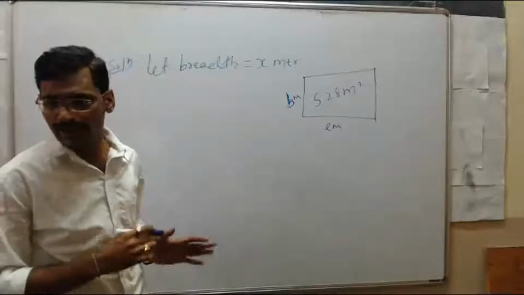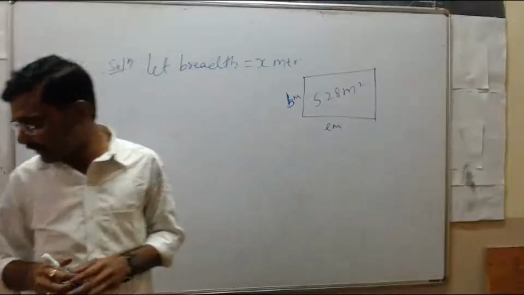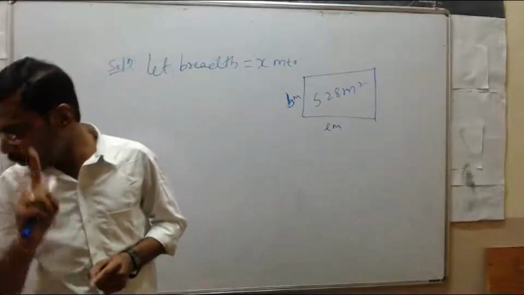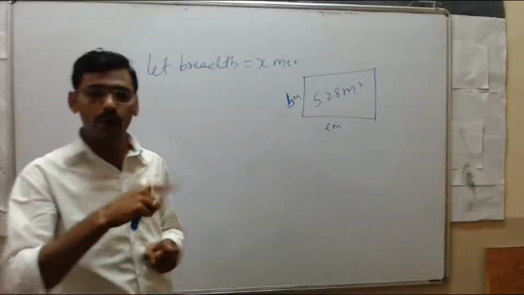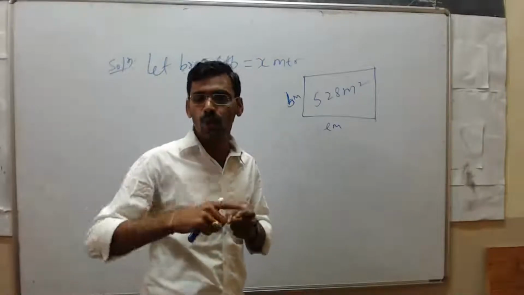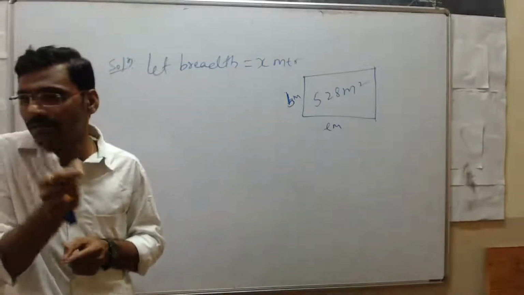Breadth is x, correct. What is the value of length? The length of the plot is 1 meter more than twice its breadth.